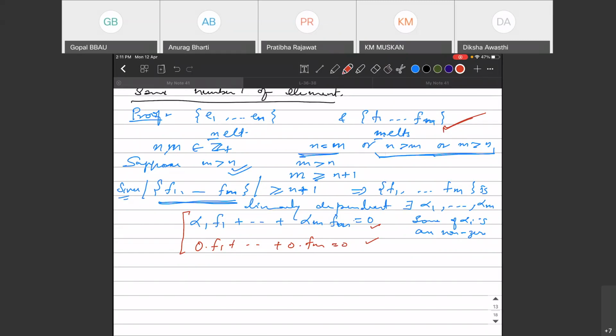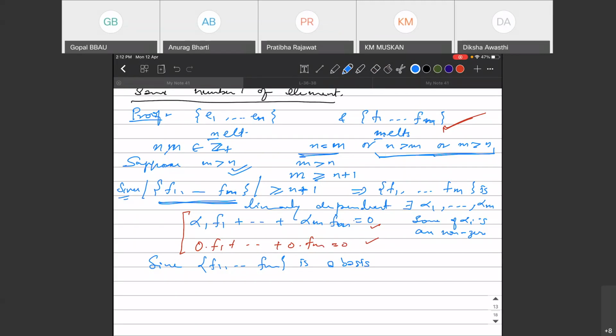Okay, because f1, f2, ..., fm is a basis, and by the definition, if the set is a basis, it will span the whole of V, the whole vector space, and this means every element of the vector space can be represented uniquely.